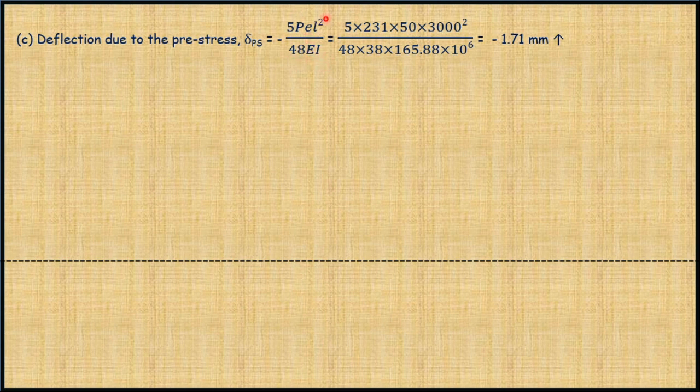If we substitute the values, 5 into 231 is the P value, 50 is the eccentricity at midspan, L square is the span 3000, then 48 E is the modulus of elasticity of concrete and I is the moment of inertia, which we calculated from the radius of gyration and area.